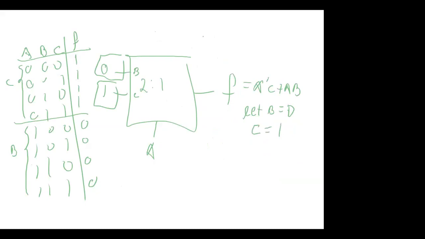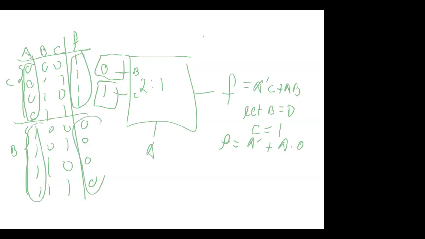So then F must be equal to A prime or A times 0, so it's just equal to A prime. And sure enough, if you look at F, it equals A prime. And if A turns to a 1, it turns to a 0.